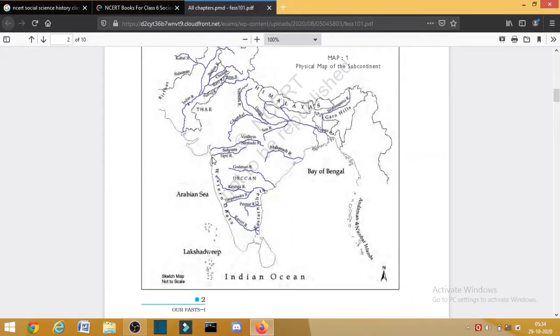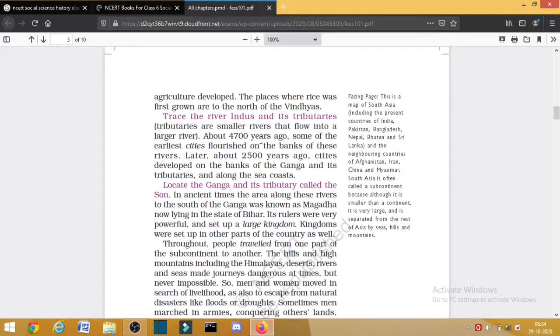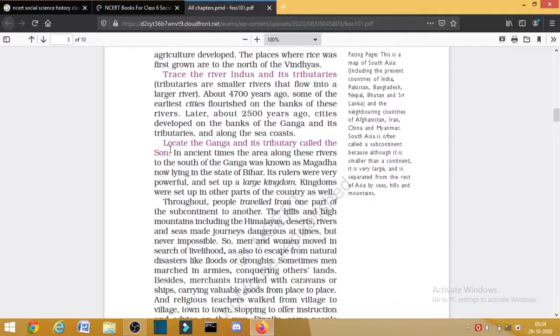Under the Ganga you will find the Son River. It is a tributary of the river Ganga. So you have to locate it in the map and be clear about the flowing of the Ganga. Anytime it asks you to mark the river Ganga in a map of India, you have to mark it nicely, as given in your book also, page number 2.